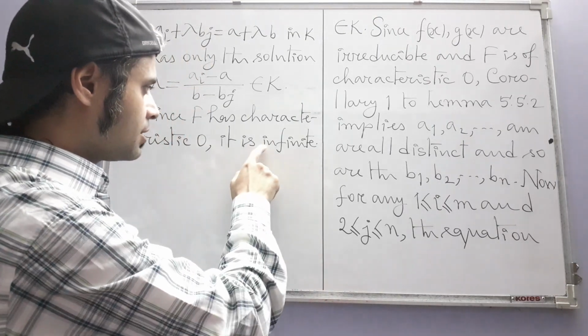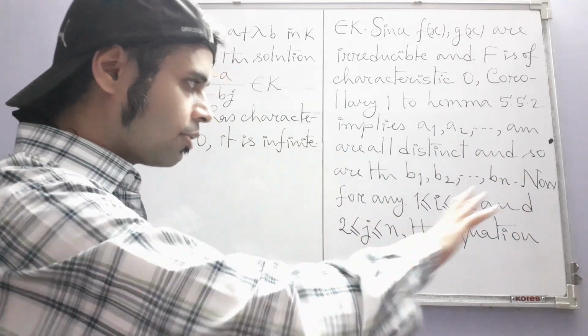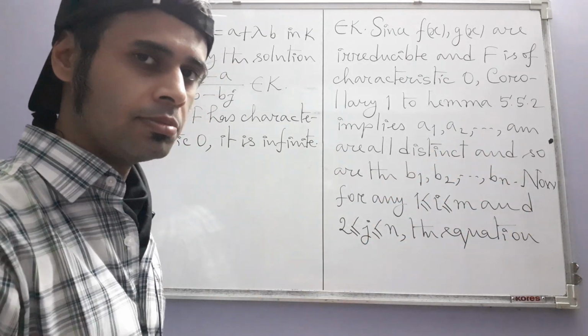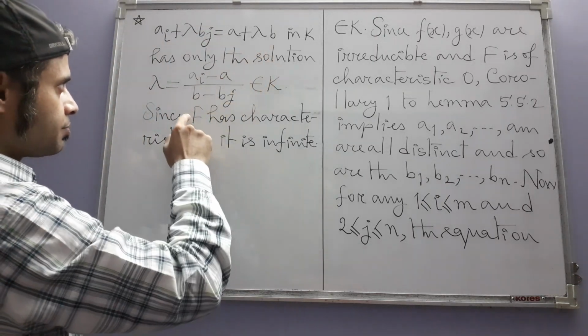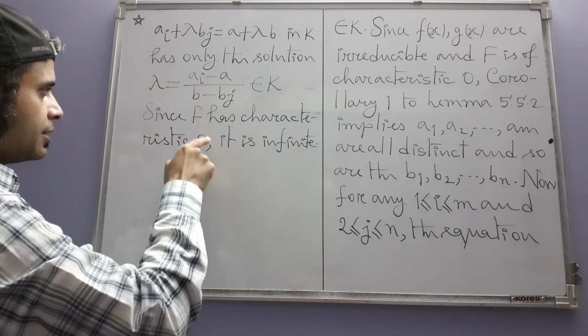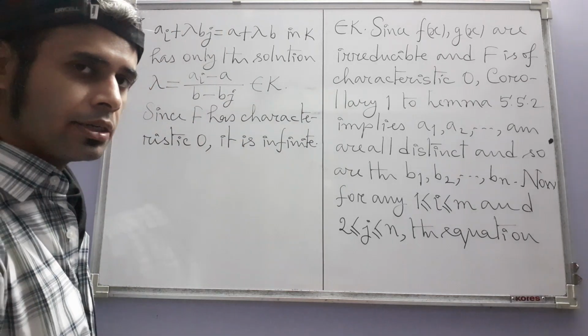And since F is infinite, avoiding all the finite roots, no matter how many there are, is possible. So if you do that and put gamma here, then because your gamma is not equal to any such lambda, you will always get inequality.